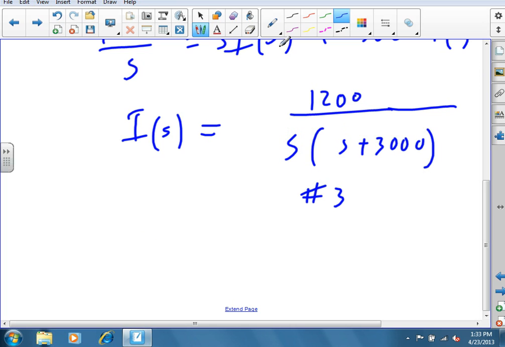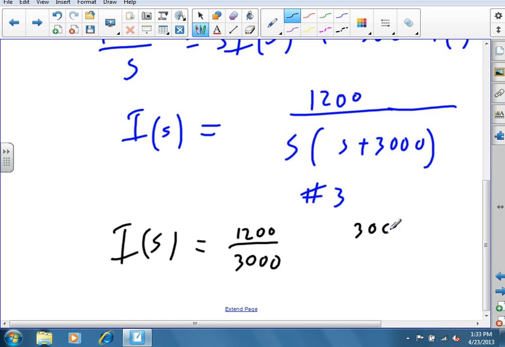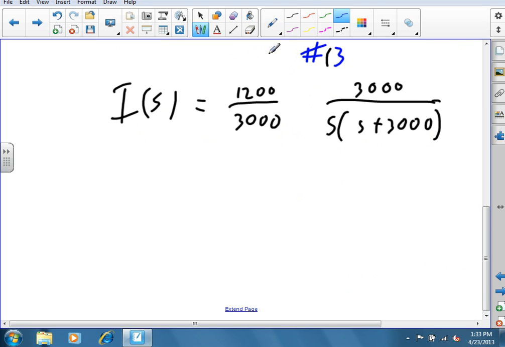So I'm going to rewrite this as I of S is 1200 divided by 3000 times 3000 over S plus 3000. And then we're going to use number 13, inverse Laplace transform.